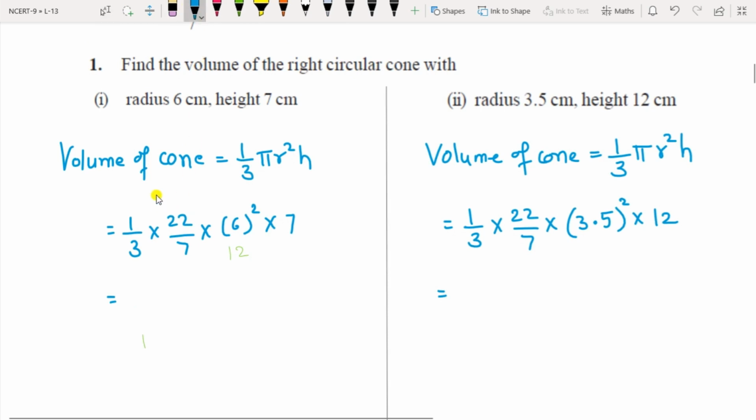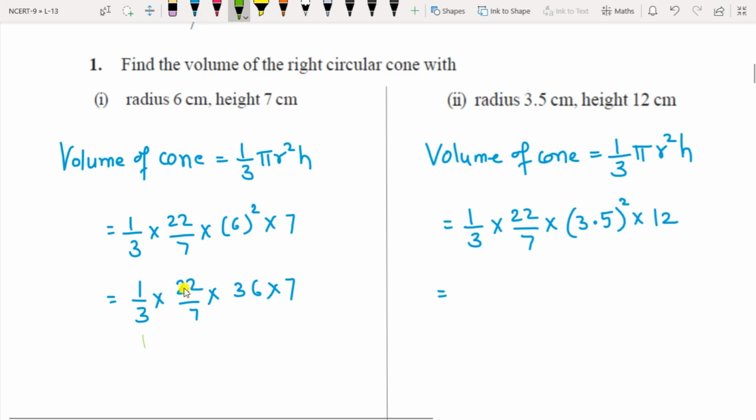In both of the given variables, the unit should be the same, otherwise convert the unit. Now the volume of the cone you have to find. Its formula is 1/3 pi r square h. Substitute the values of r and h here. So this will be 1/3 into 22/7 into 36 into 7, since 6 square is 36.